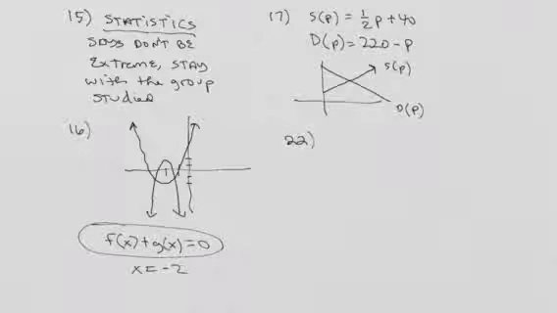Here, we want to think about the slope of the supply curve, the supply line, and the slope is how S changes compared to how P changes, and that's equal to 1/2. That means for every $2 the price goes up, the supply will go up by 1.